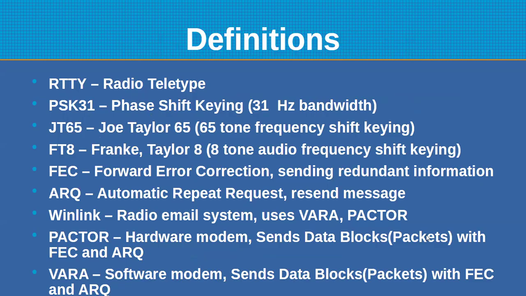Some of the terms that'll come up is RTTY, which stands for radio teletype, which is essentially duplicating what they used to do with teletype machines back in the dark ages, doing it via radio or wireless, where teletypes were physically connected with a 20 milliamp current loop and sent signals back and forth. So it was a kind of electronic typewriters that were networked together.